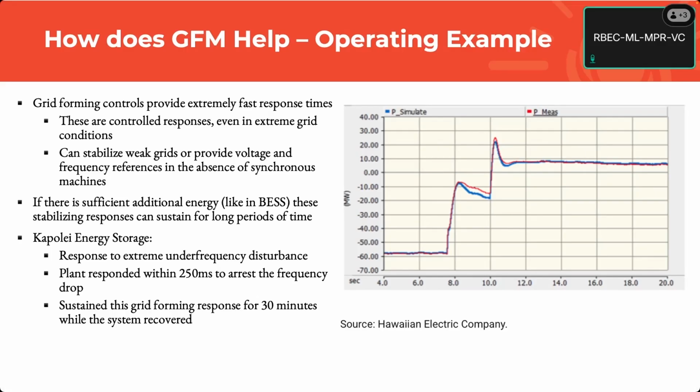Now there's a virtual synchronous machine controller and some other things that come in to basically control the power, but you could think of this just the same way as a synchronous machine would give you that response. You get the synchronous machine response right here, and then a VSM control response here.